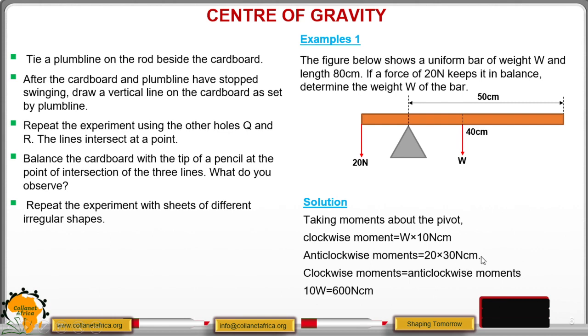Therefore, 10W, the clockwise moment, is equal to the anticlockwise moment, which is 20 times 30, which is 600. If we divide through by 10, we will get 60 newtons, and that will be the weight of our bar.